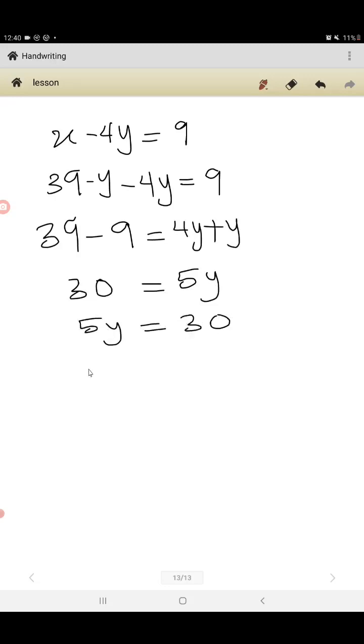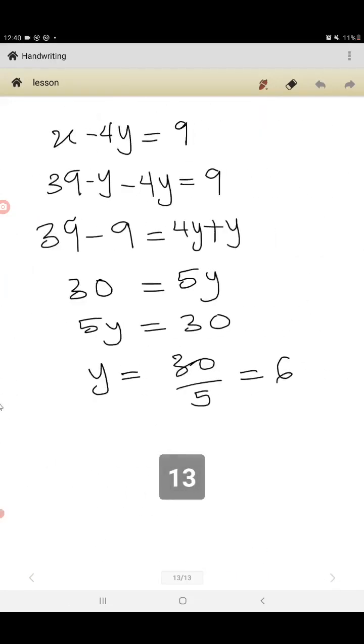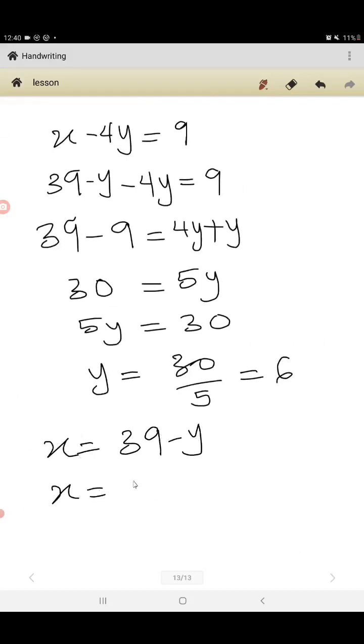So y is equal to 30 over 5, which is equal to 6. Now, to find the value of x, from the beginning x is 39 minus y. So therefore, x will be 39 minus 6, which means that x is 33.